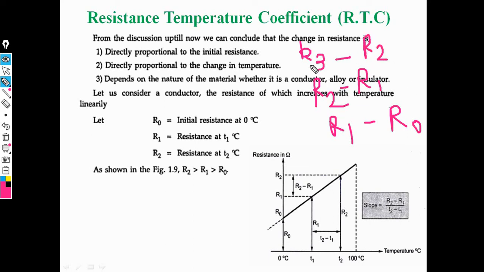This is the change in resistance, that is R2 minus R1, then R1 minus R0. Okay, now this is the phenomenon of change in resistance and change in temperature.